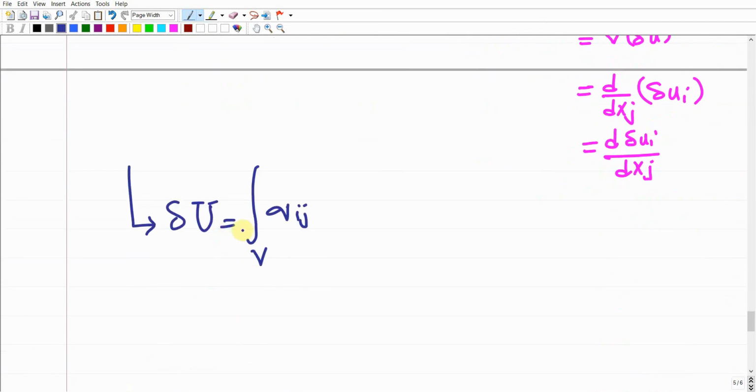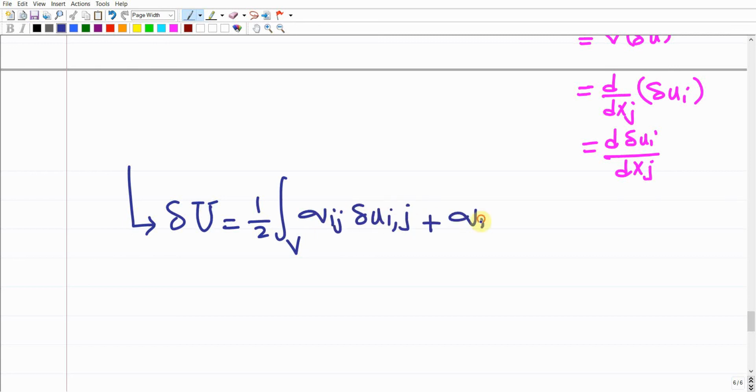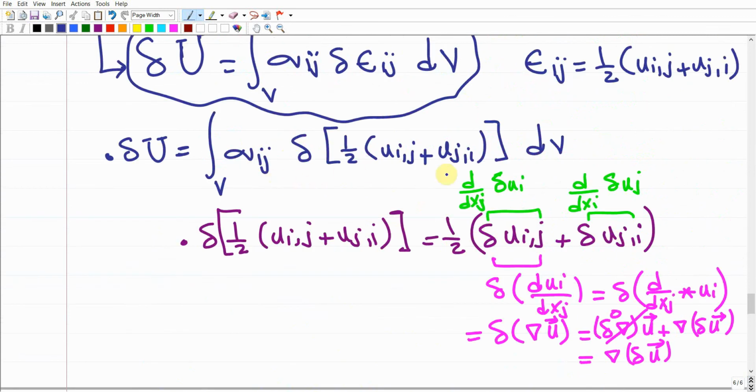So we have 1 over 2, the integration over the volume, of sigma ij times delta ui comma j, one term, plus another term, sigma ij times delta uj comma i, and all of this should be dV, right? I just distributed the sigma over this term.